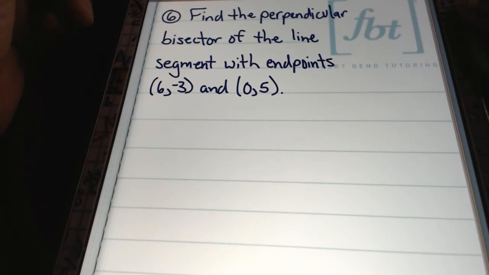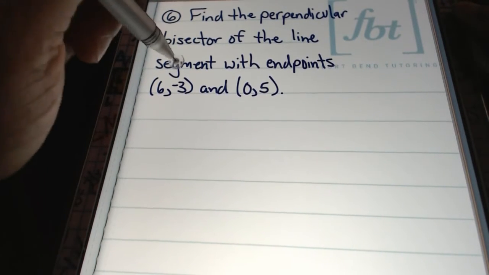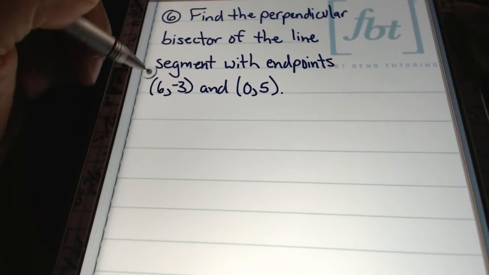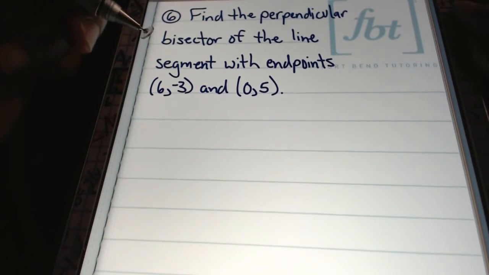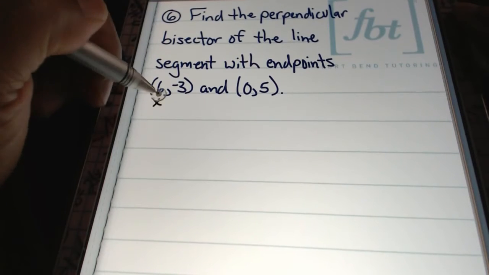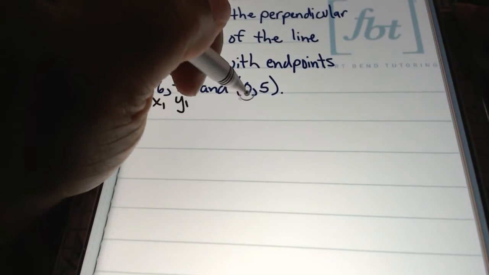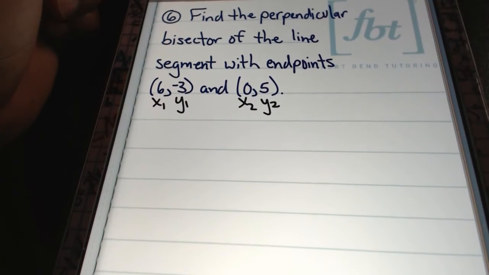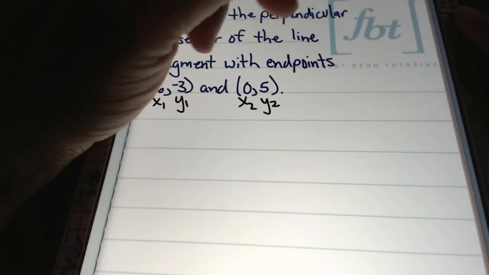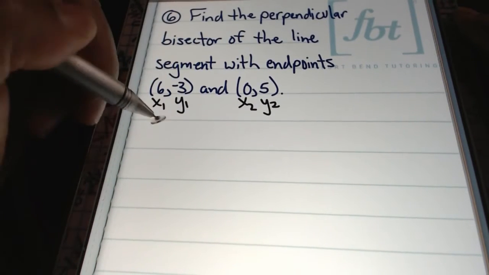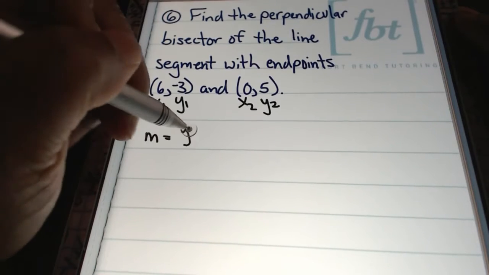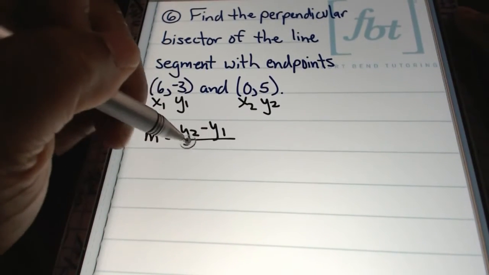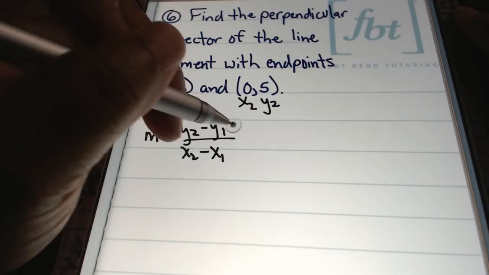All right, so the first thing we'll do, guys, is find the slope between these 2 points. Just like Simone was saying, the start of this is identical: you label your points x1, y1, and x2, y2. But this time, we'll find the slope by using the slope formula. Recall that the slope formula is y2 minus y1 divided by x2 minus x1.